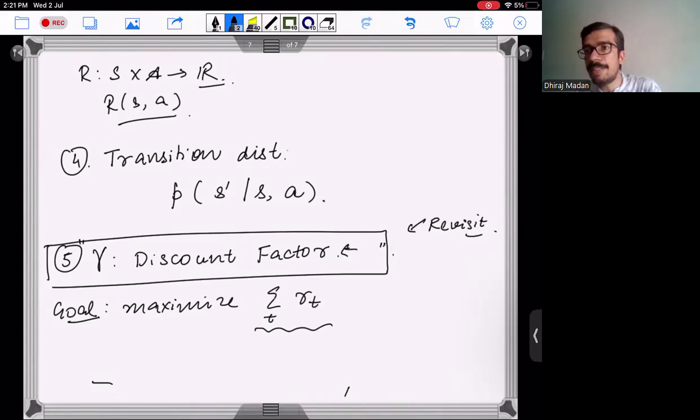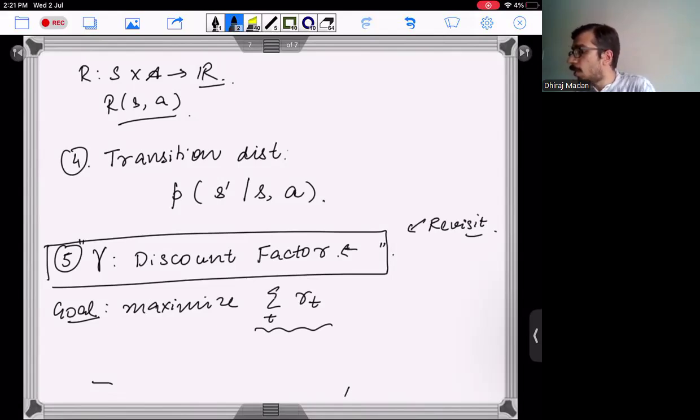Typically, we deal with infinite horizon MDPs because the analysis is simpler, and that's what textbooks and papers deal with. But in any case, for infinite horizon, your cumulative sum of rewards may go off to infinity, and that is something you may not want to have.